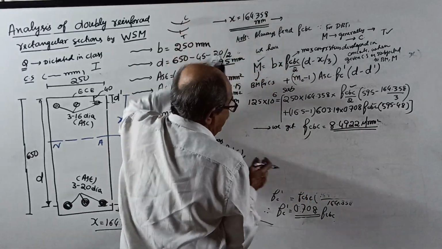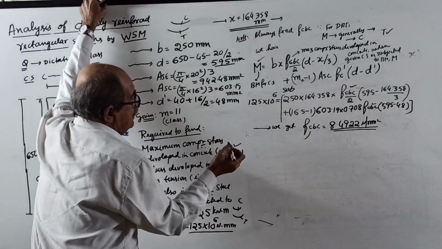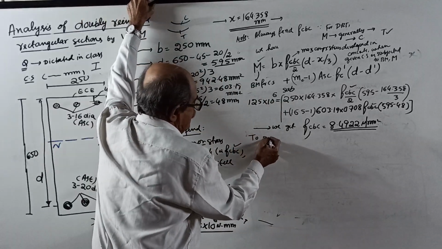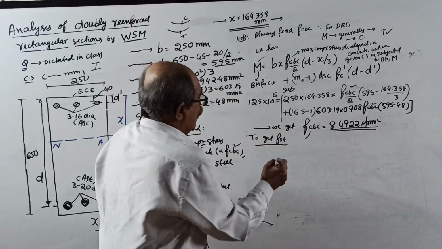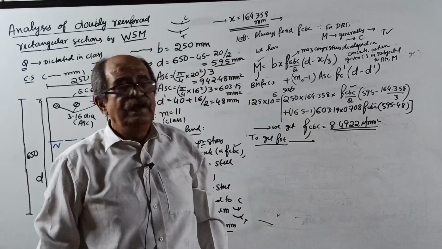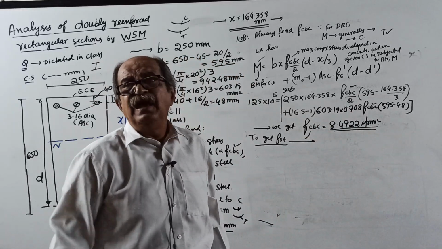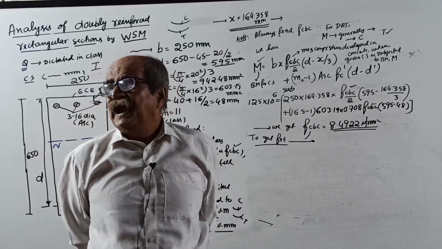Now you need what? After FCBC, we got FCBC. To get FST, you can use M in terms of tension. You can make a note here. In a singly reinforced section, you have got two options. One, use this FCBC, use the relation between FCBC and FST, get FST.